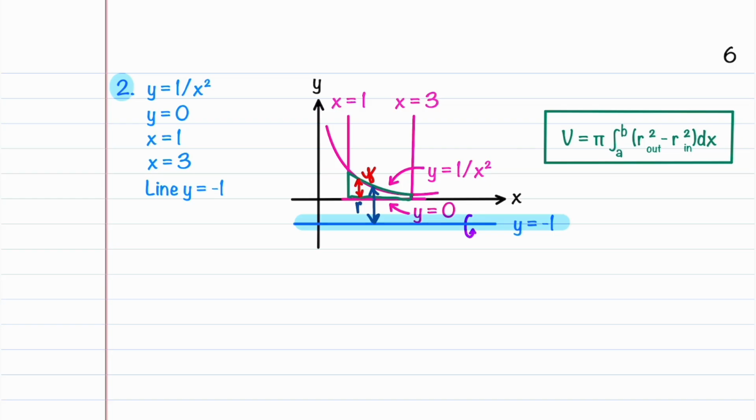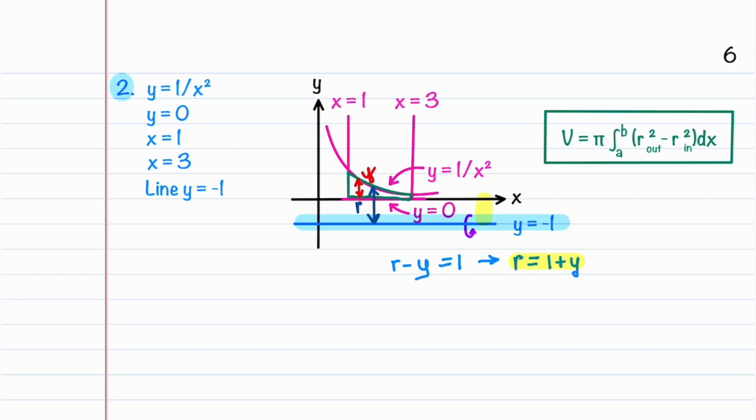So we can say that r minus y is equal to this distance right here, which is equal to 1. So this tells us that our radius r is equal to 1 plus y. We'll highlight that because we're going to need that.